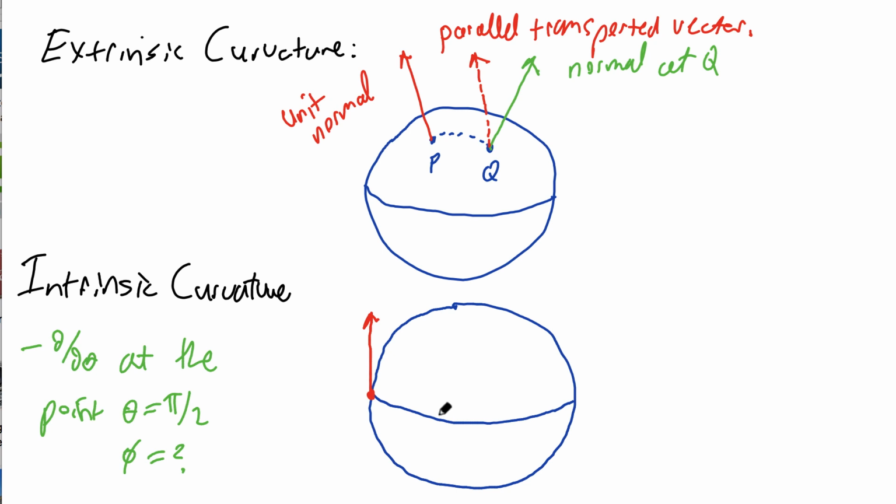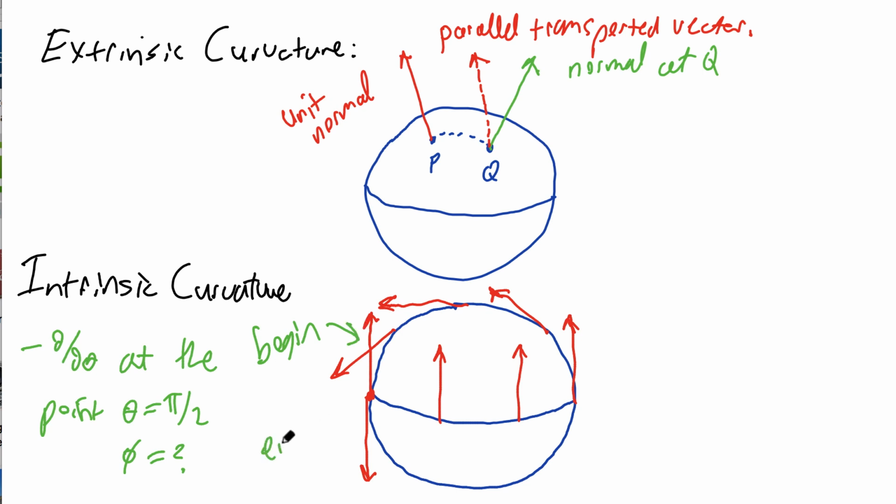So keeping this vector always parallel to itself, we bring it around the equator to the far end, then up to the North Pole, and then back down to where it began. So this is the beginning vector, and this is the ending vector. Of course, they're very different.